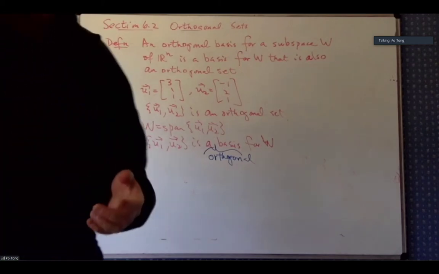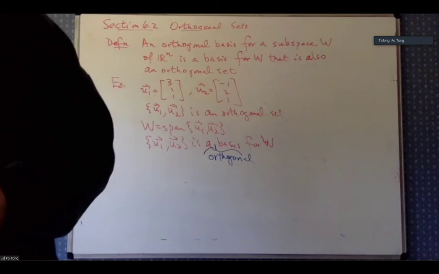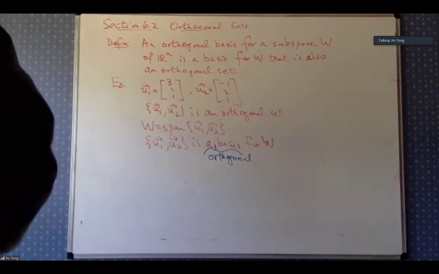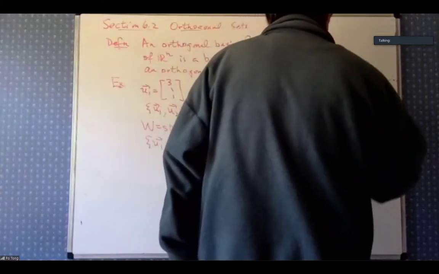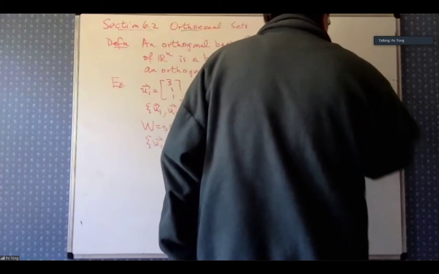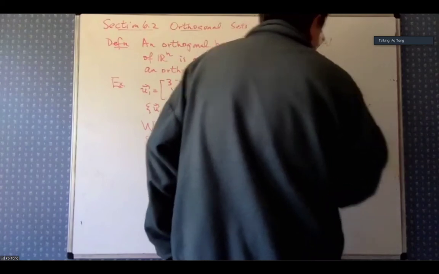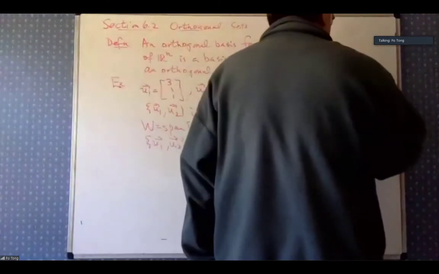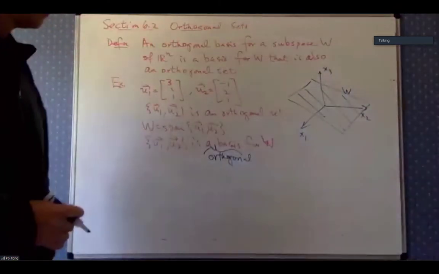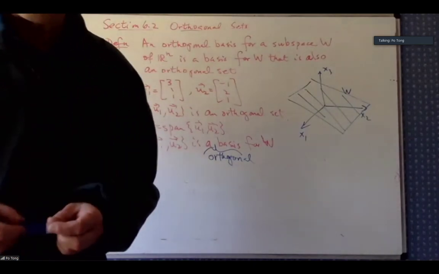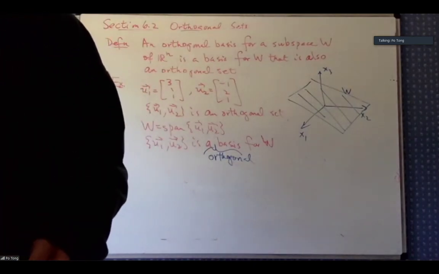It's kind of like this. You have x1, x2, x3 axes, and let's say you have a plane going through the origin. So this W is a subspace in R3. You can think about a plane going through R3.